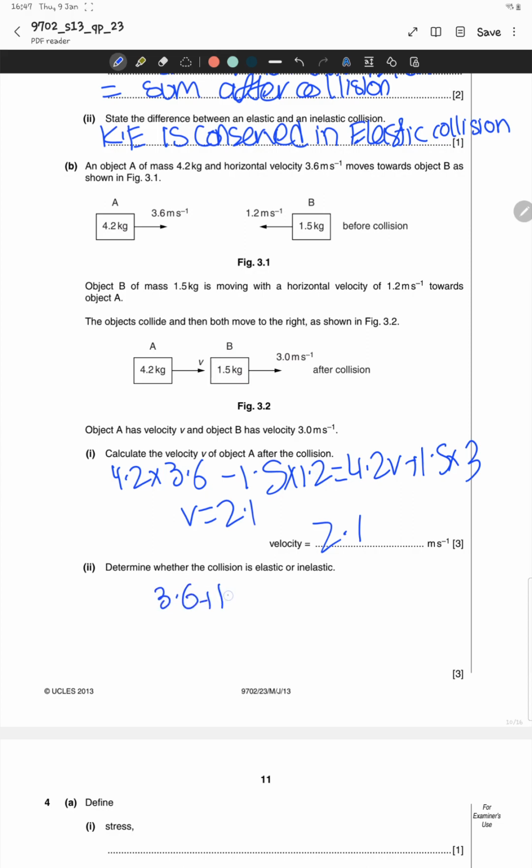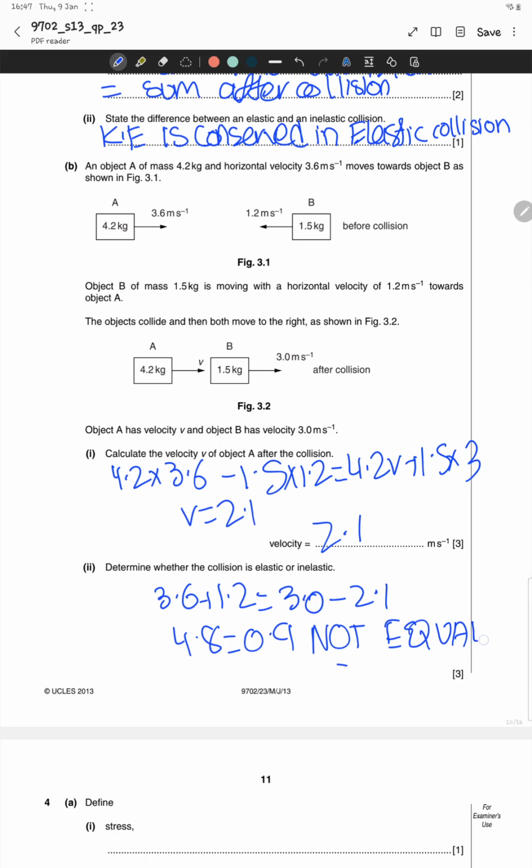So 3.6 plus 1.2 equals 4.8 for the relative speed of approach, and the speed of separation is 3.0 minus 2.1, which is 0.9. These two are not equal. So this is inelastic.